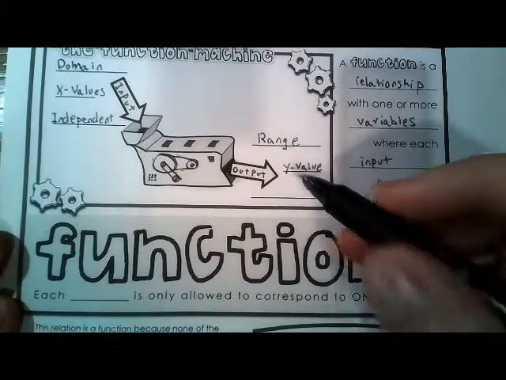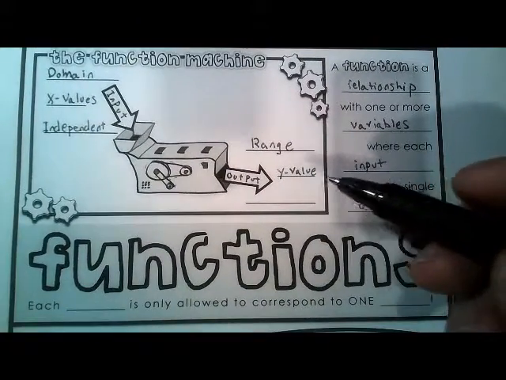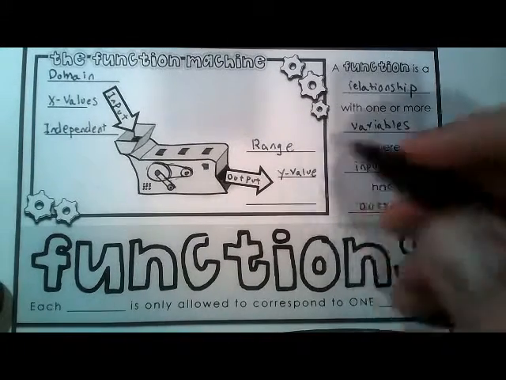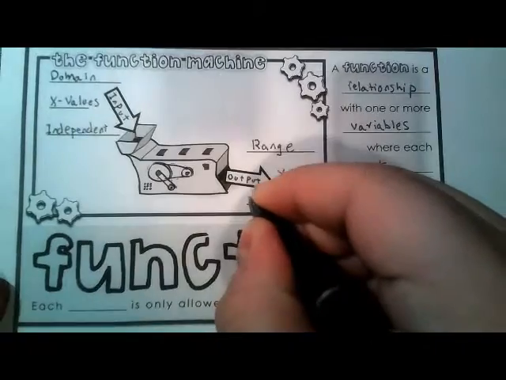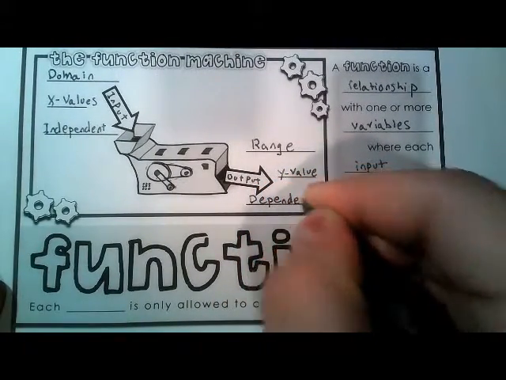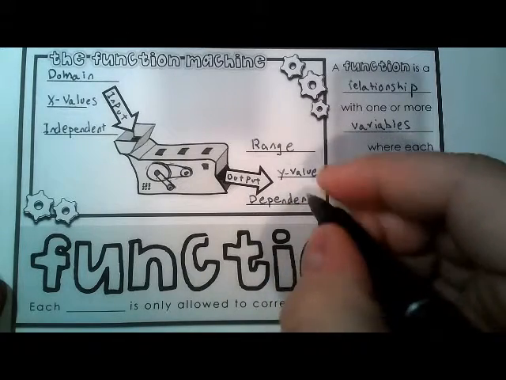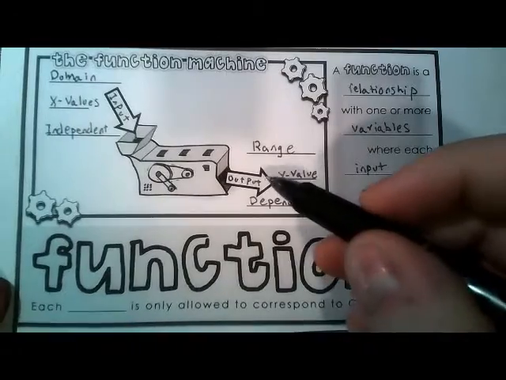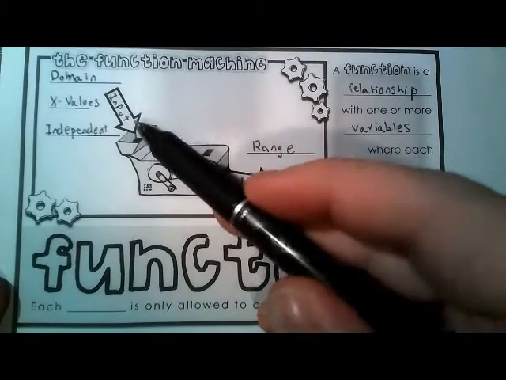And again, if you're talking about a word problem, they don't often use the y value. They might use a different variable. So we can say that that's the dependent variable. And we call it dependent because it depends on what we put into our machine.